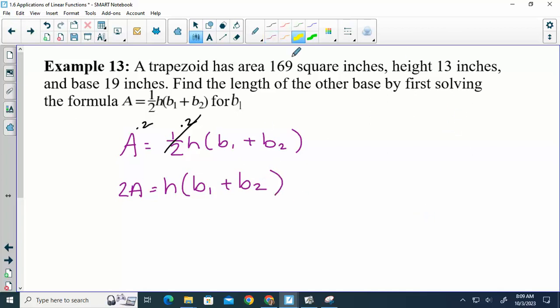I'm trying to get to the b sub 1. What will I have to do next? Divide by h. We have 2a over h equals b sub 1 plus b sub 2.